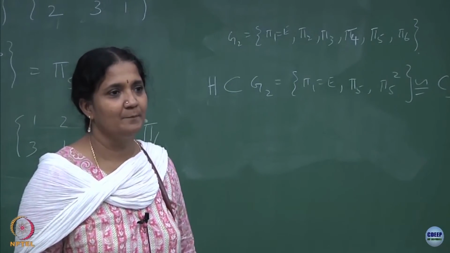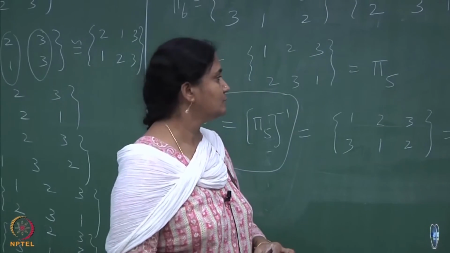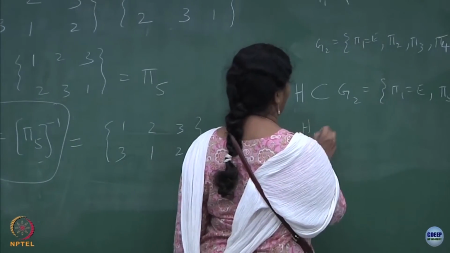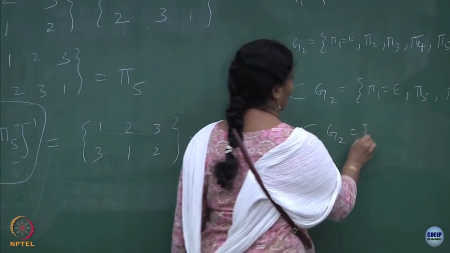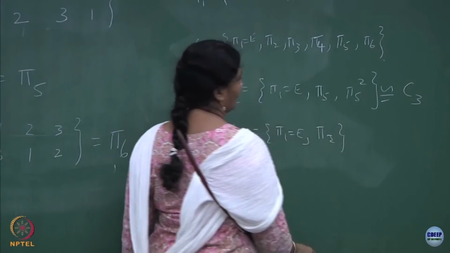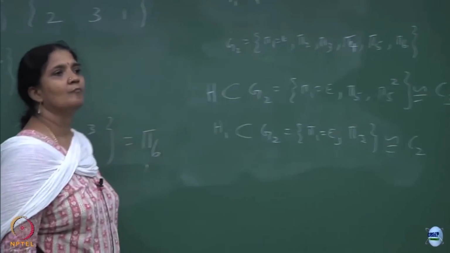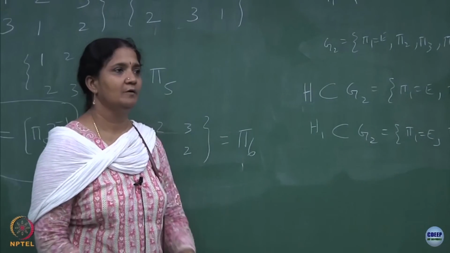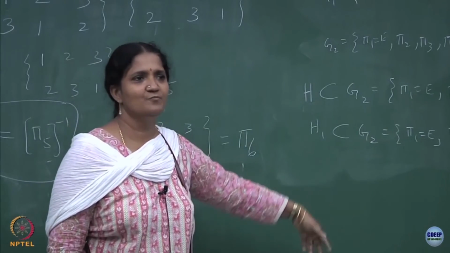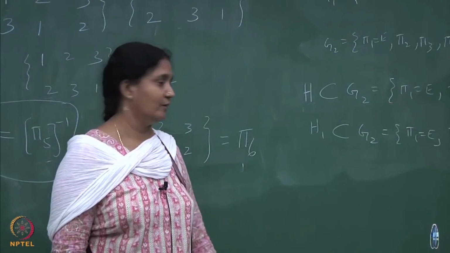I am just giving you an example. Is that okay? You can find other examples also. So, cyclic group is something which we have been studying, so trivially you can find it.